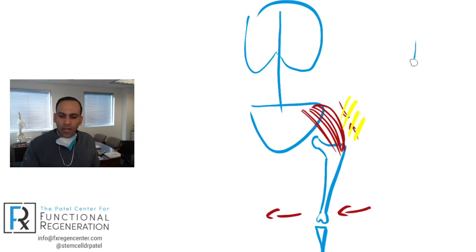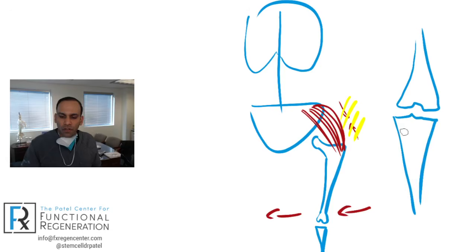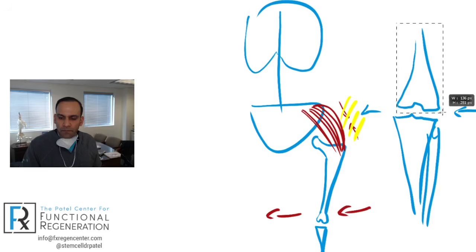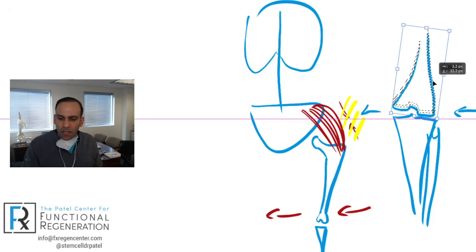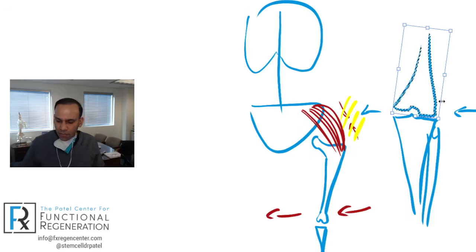Well, if you look at the knee joint again, okay, and you look at the knee joint like so, and let's say this is the outside of the knee, this is the inside of the knee. When the knee goes inwards like this, what's actually taking place is the knee goes like this.